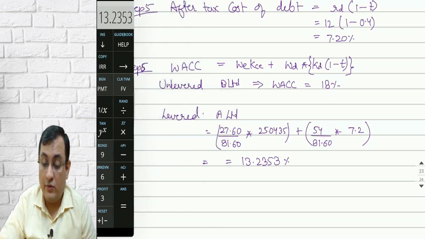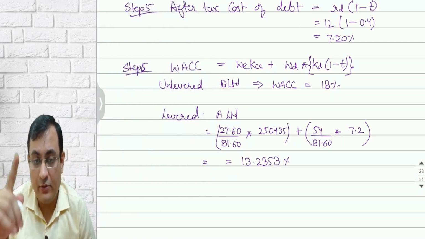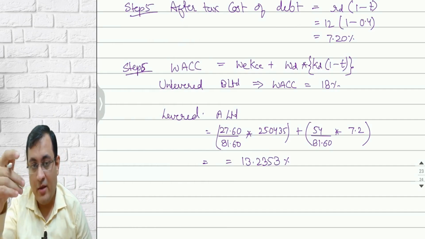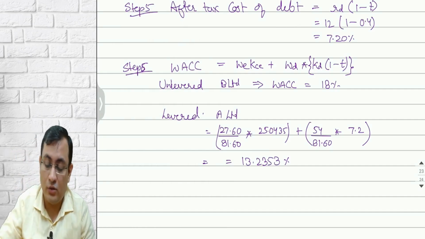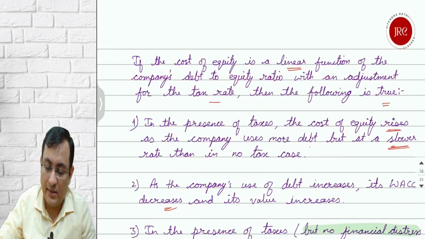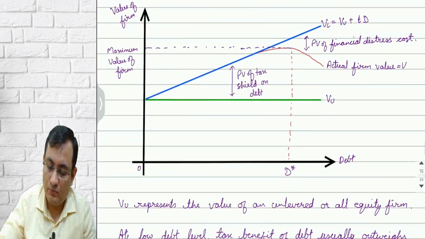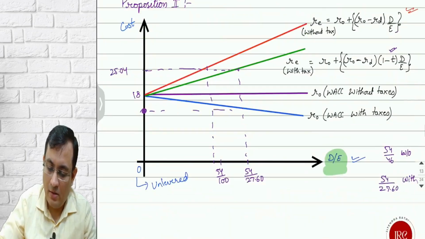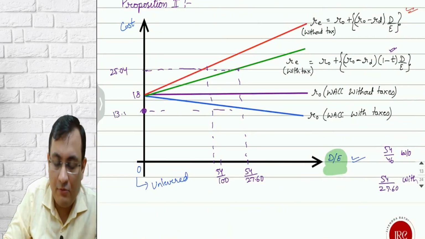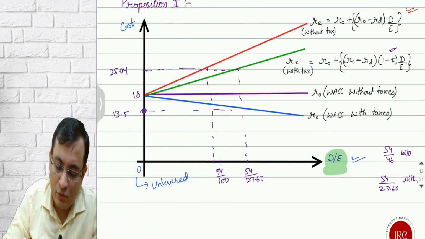So in case of unlevered, it is 18%, but because of the introduction of taxation, your WACC is also going down to 13.2353%. So your WACC in this graph will become 13.2353.